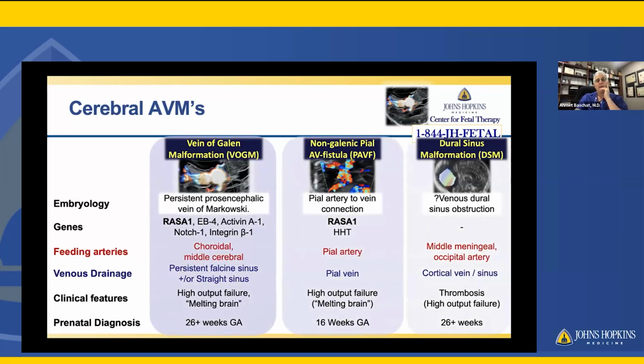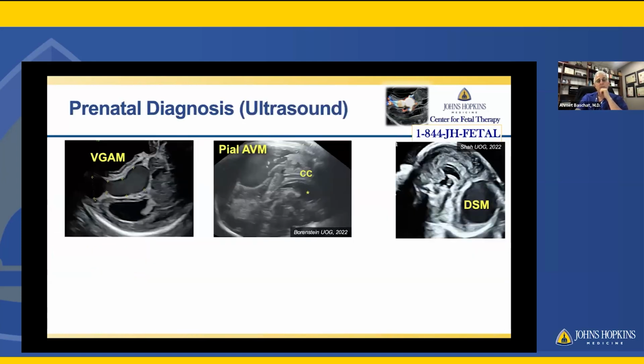And of these abnormalities, the vein of Galen accounts for 30 to 40% of the fetal anomalies that we see. The overall prevalence was once thought to be about 1 in 30,000, but in reality, they might actually be more common than that because they also get diagnosed more frequently.